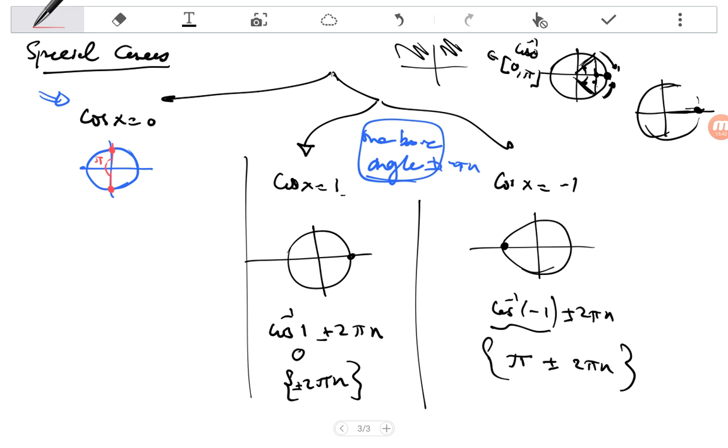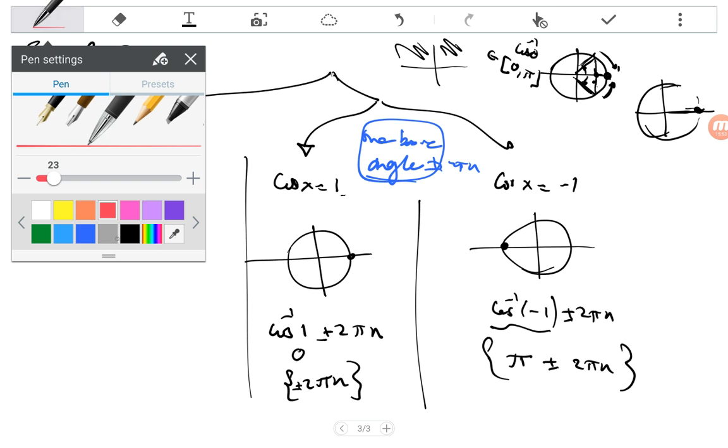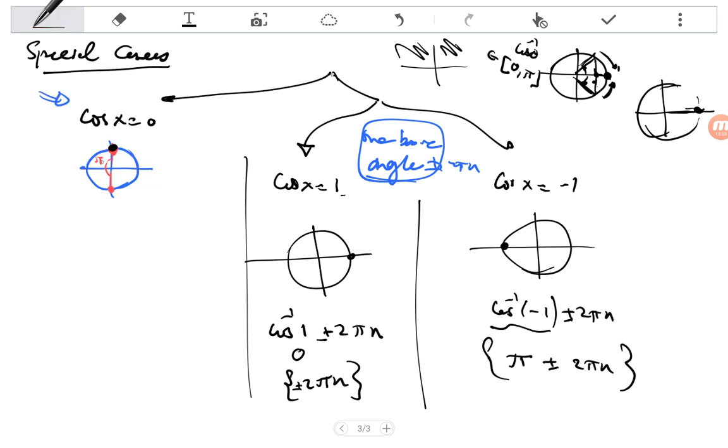That's why instead of having two basic angles and adding to each of them multiples of 2 pi, we will just take one angle of them, and then we add pi each time.